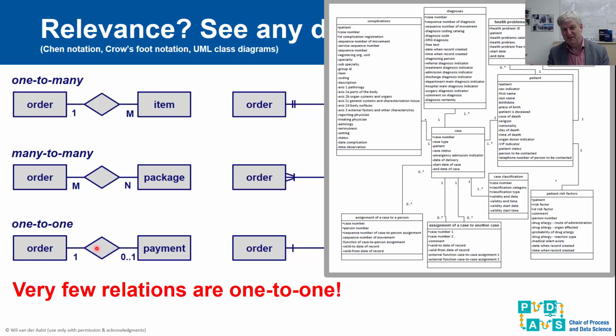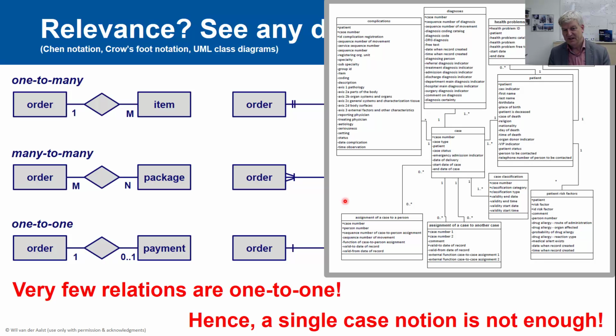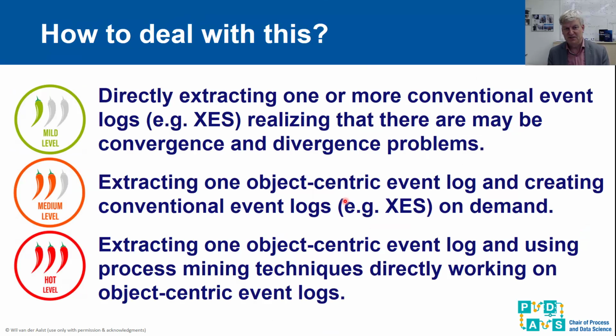For example, in this data model from a hospital, almost all the relationships are one-to-many or many-to-many. Having a one-to-one relationship is very rare. So in every application where you are dealing with multiple tables that have timestamps in them, this problem exists. And a single case notion is not enough to capture this in a proper way.